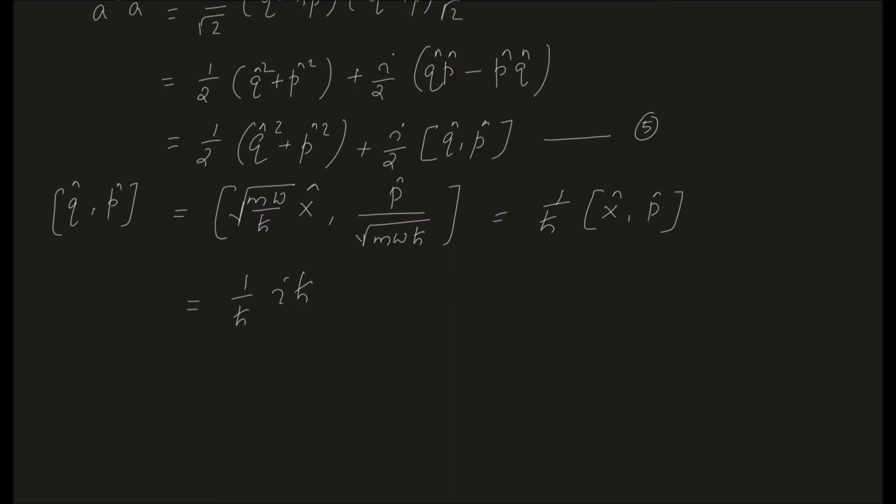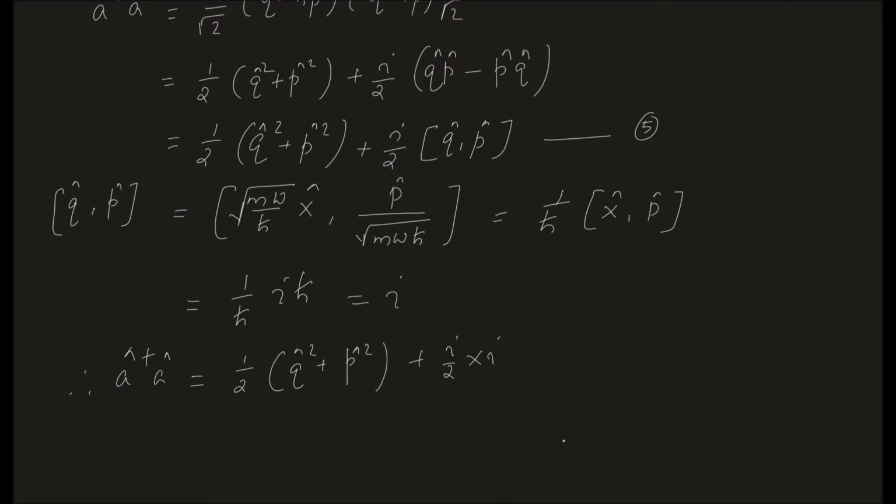We have seen in previous classes, so this is basically I. Okay, so that means A dagger A in equation 5 becomes A dagger A equal to half of (q square plus p square), small q and small p, plus i by 2 into i.